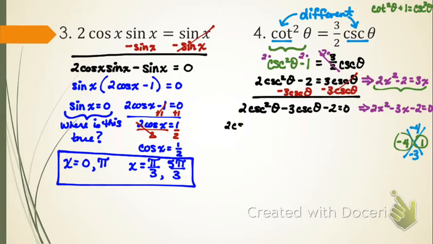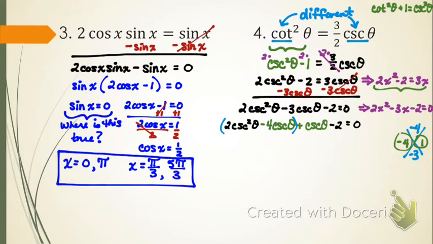So 2 cosecant squared theta minus 4 cosecant theta plus 1 cosecant theta minus 2 equals 0. I'm going to make my groups. What can I take out of the first group? Not -2.